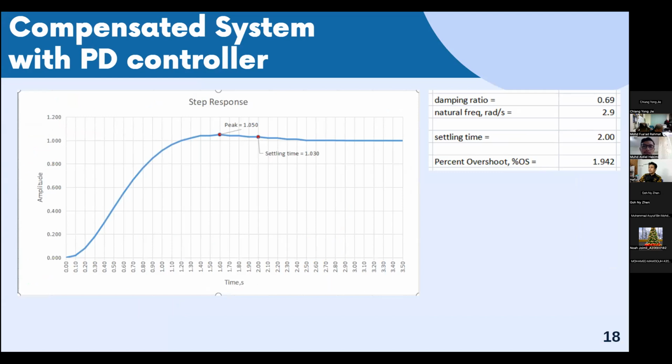This is the step response that I plot using Excel, and you can see on the right the calculated version. Damping ratio is 0.69, natural frequency is 0.9, and settling time we got from calculating using the formula 4 over damping ratio and natural frequency, we got 2 seconds, and percent overshoot we got 1.942, which is a bit different from the MATLAB.